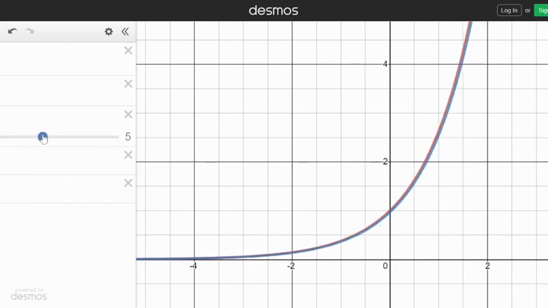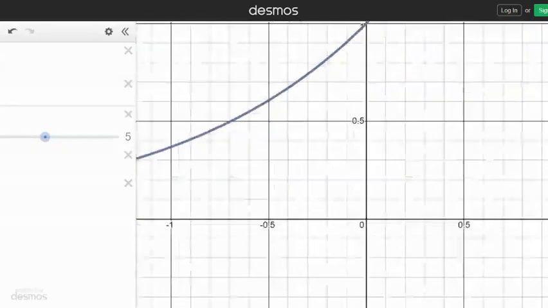So there must be some number somewhere in between, and I'm just bouncing around, zeroing in on it. Looks like it's somewhere right around maybe 2.7, 2.71, 2.72.